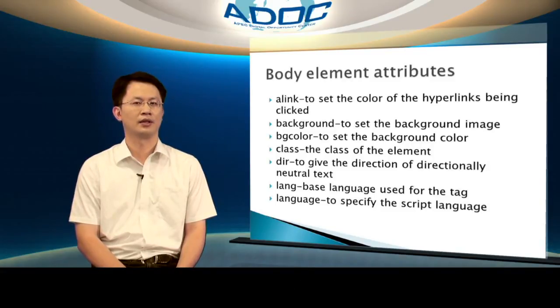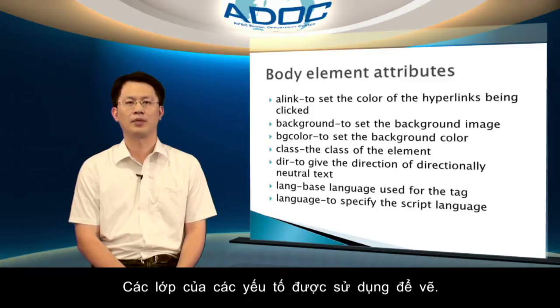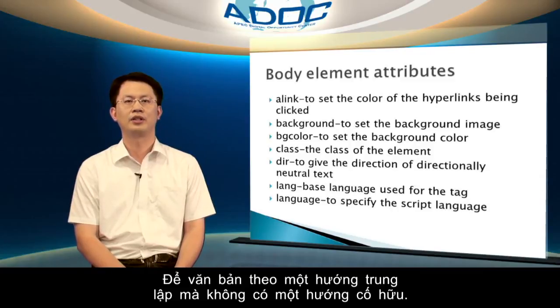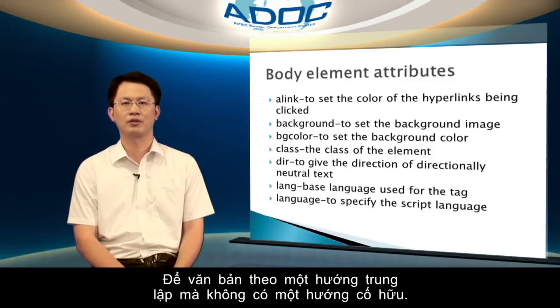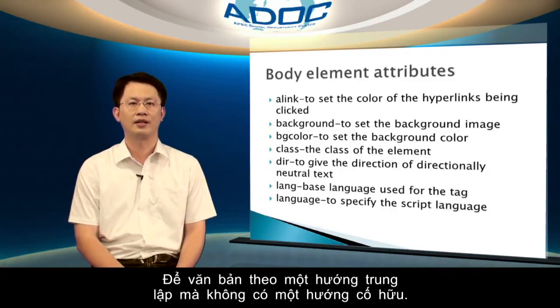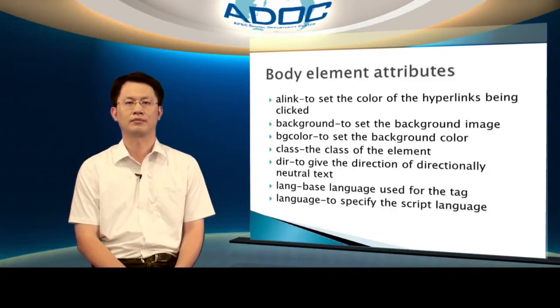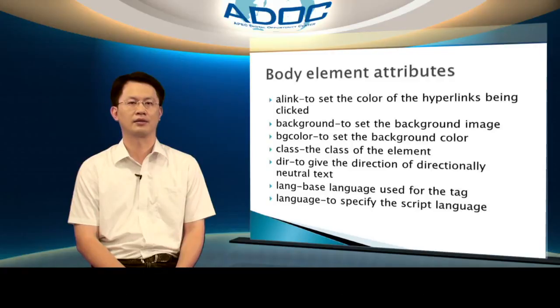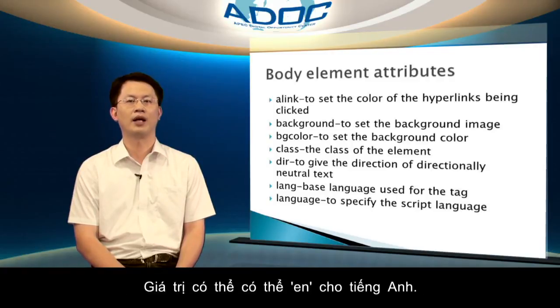Class, the class of the elements used for rendering. And dir, to give the direction of directionally neutral text that doesn't have an inherent direction. Lang, base language used for the text. Possible value can be EN for English.